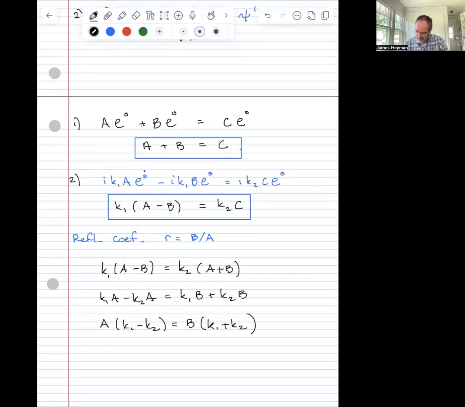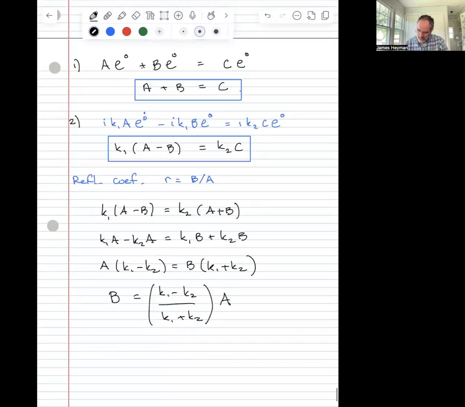Or now, solving for B in terms of A, we get B is equal to (k1 minus k2) divided by (k1 plus k2) times A, okay?